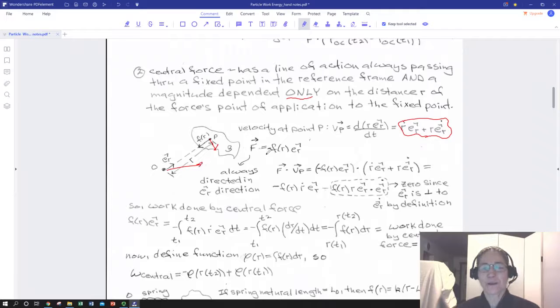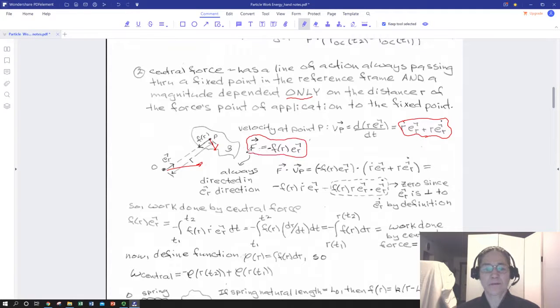Okay, so we're going to say, because we know the force always acts in the radial direction with a certain function of distance r, like the length that you stretch the spring perhaps, we can write an expression for force.